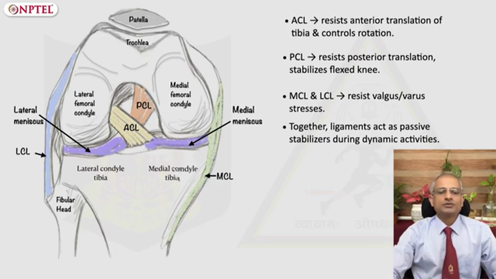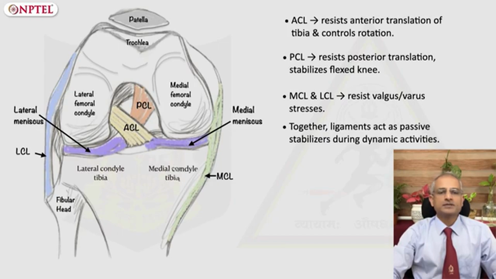The posterior cruciate ligament runs from posterior to anterior and from the posterior proximal tibia to the inner aspect of the medial femoral condyle. It is the strongest ligament of the knee and has two bundles, anterolateral and the posteromedial bundle.